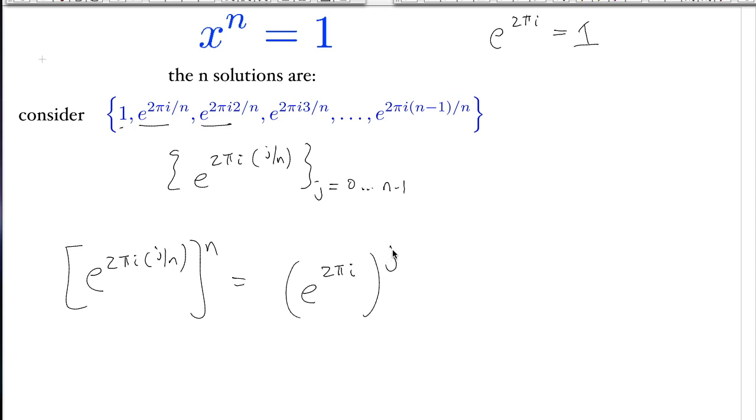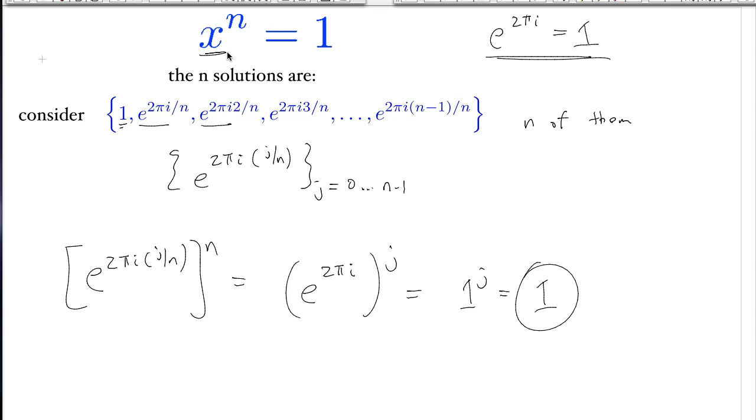We get e to the 2 pi i to the j, because this n cancels with that n. But now, thanks to this identity, this is just equal to 1 to the j, and so we get 1. First of all, these numbers are unique. There are n of them, and they're all solutions to this equation. And furthermore, it's going to turn out that each of these has the requisite number of square roots.